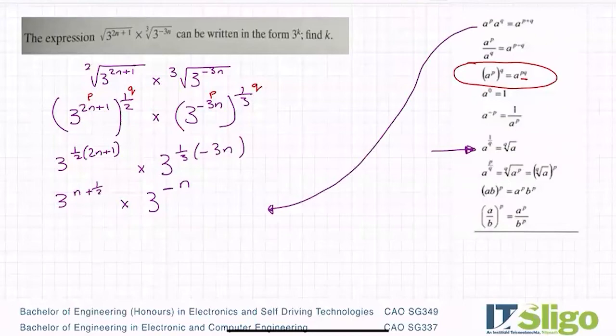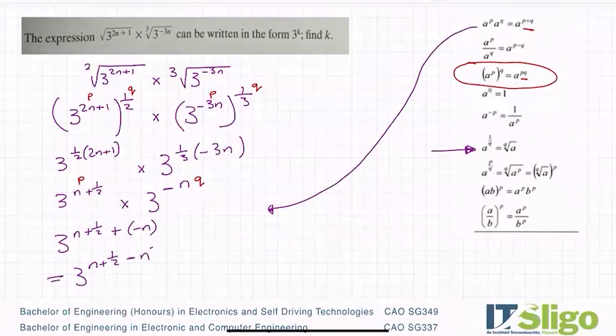Okay, which tells me to add the indices. So you can see my base number is the same, it's 3 and 3, which represents the a and the a there. This is my p in this case, this is my q, and I'm going to add them, p plus q. So it's 3 to the power of n plus a half plus minus n, which is 3 to the power of n plus a half, plus by minus is a minus.